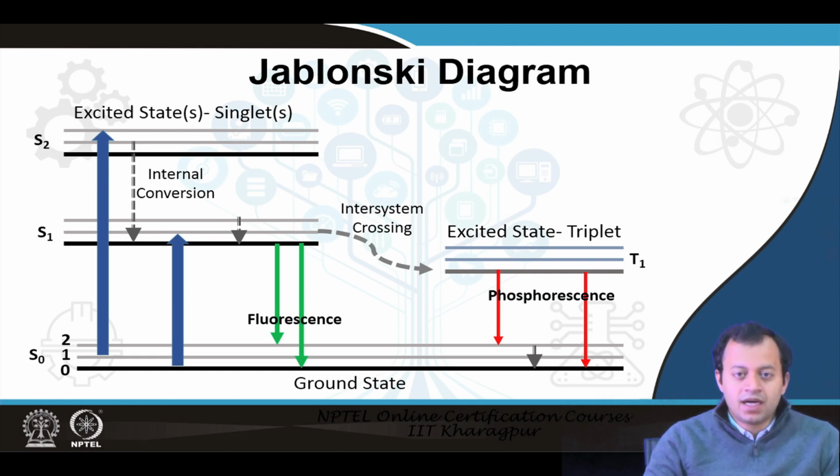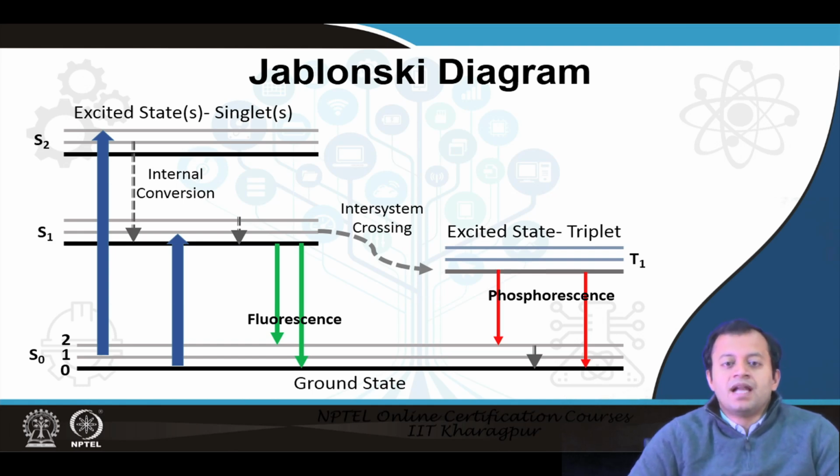Now, understand the fundamental difference. Electronics engineers, when they talk about electrons jumping from valence band to conduction band, do not care which part of the conduction band or valence band it is going from.